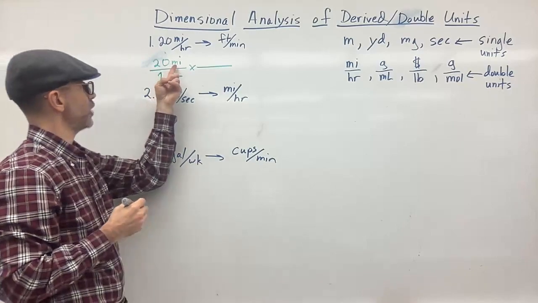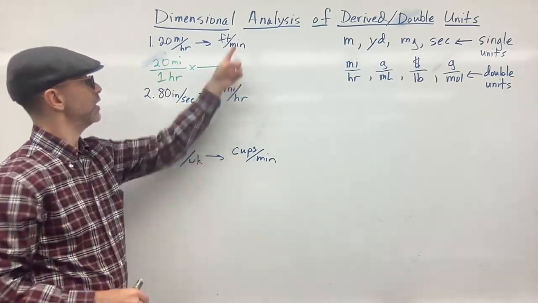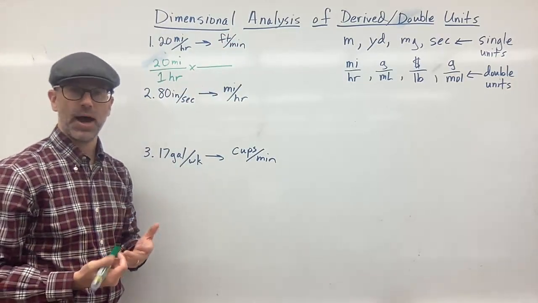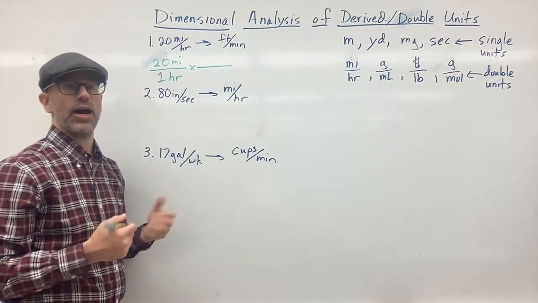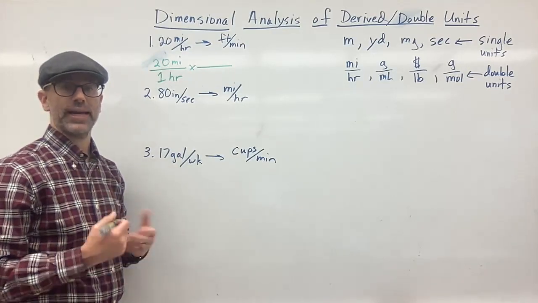We're going to change the top first, so we're going to change miles to feet. We need to know how many feet are in 1 mile. We happen to know that 1 mile is equal to 5,280 feet.